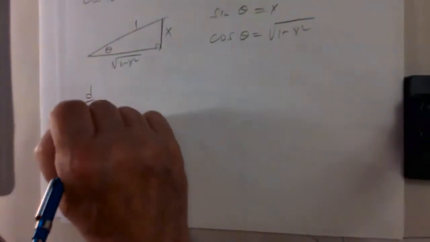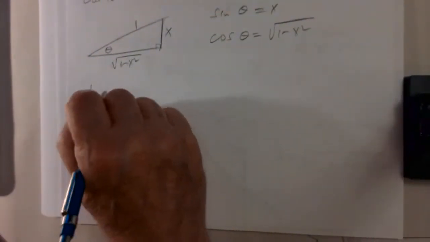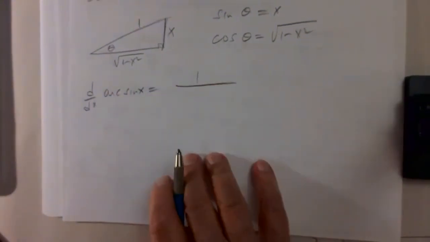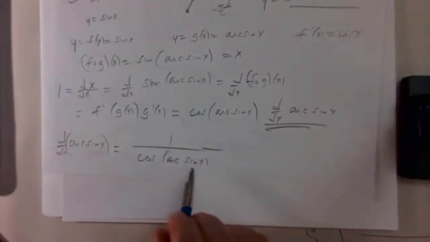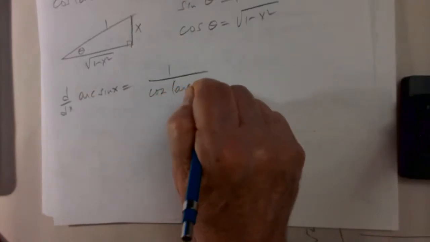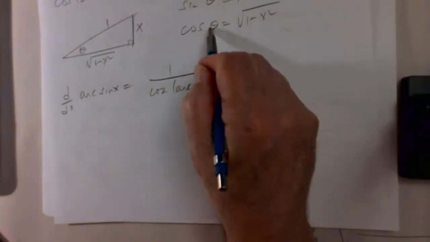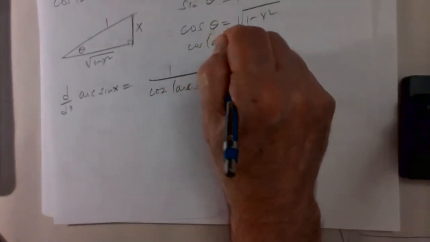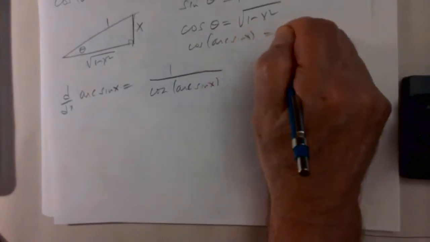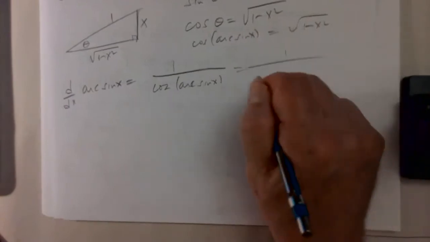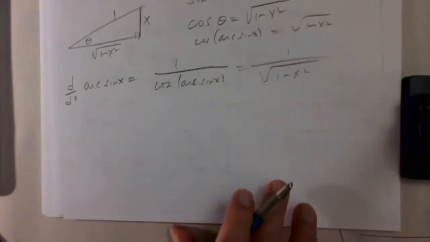And what we had shown on the previous page is the derivative of the arcsine of x is 1 over the cosine of the arcsine. Theta is the arcsine, so the cosine of the arcsine of x is square root of 1 minus x squared. So that's what goes in this denominator, 1 over the square root of 1 minus x squared.